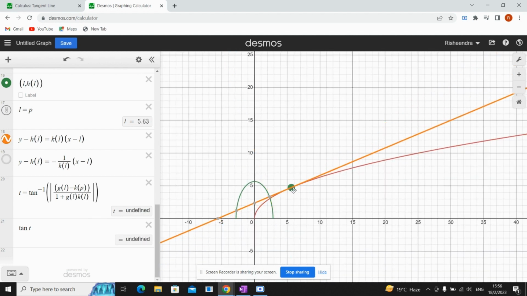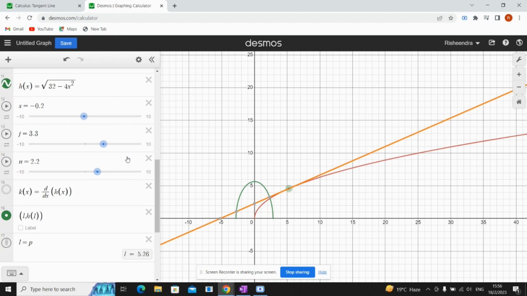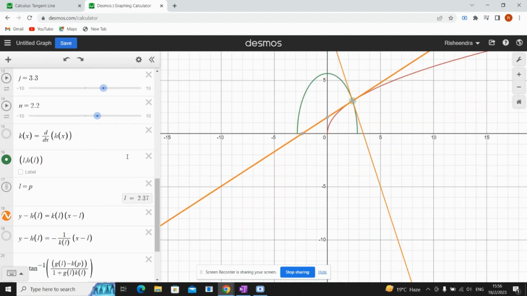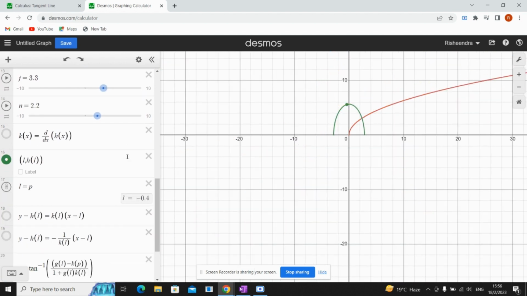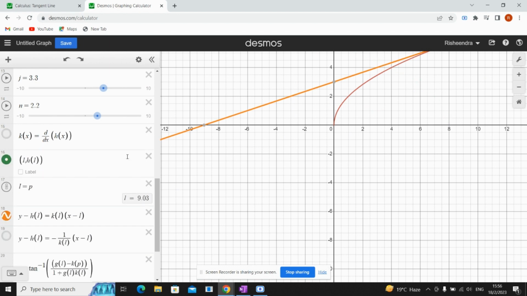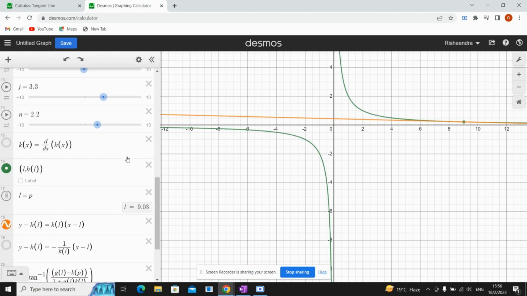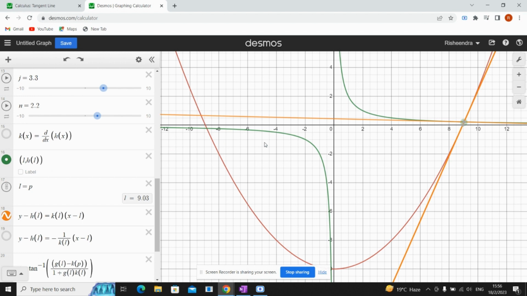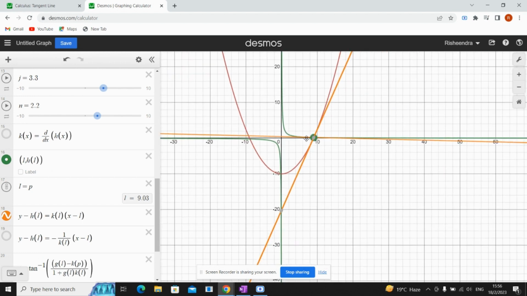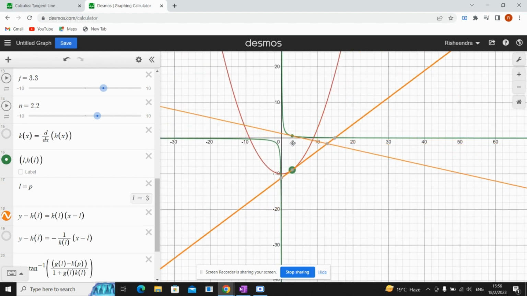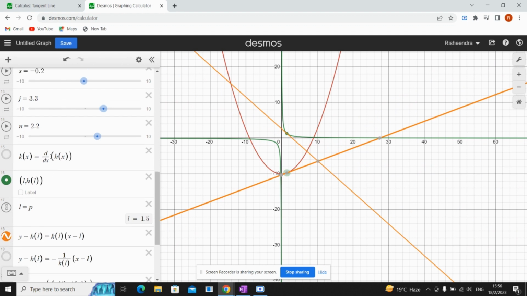Okay, good. Let's undo these changes. I want to look at the previous graphs which we modified and played with together. Okay, look at this graph, the previous graph. See, let's make the secants visible.